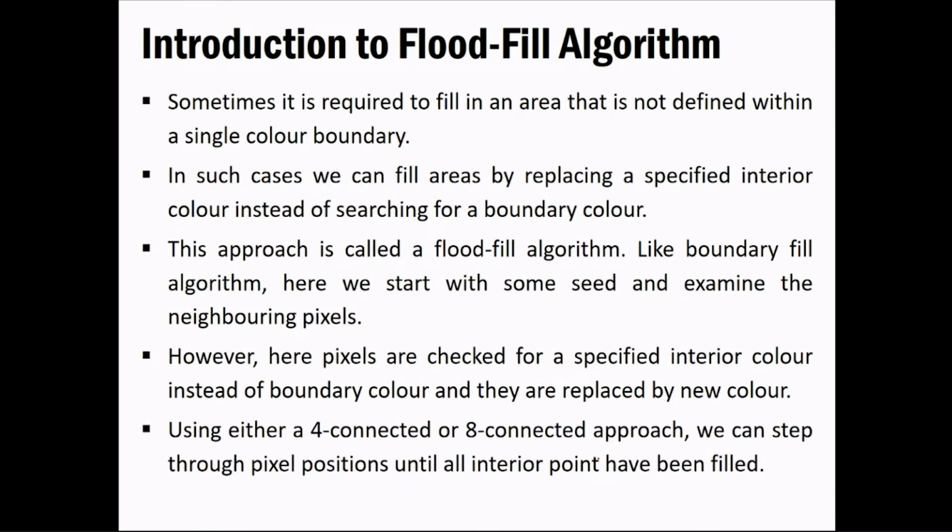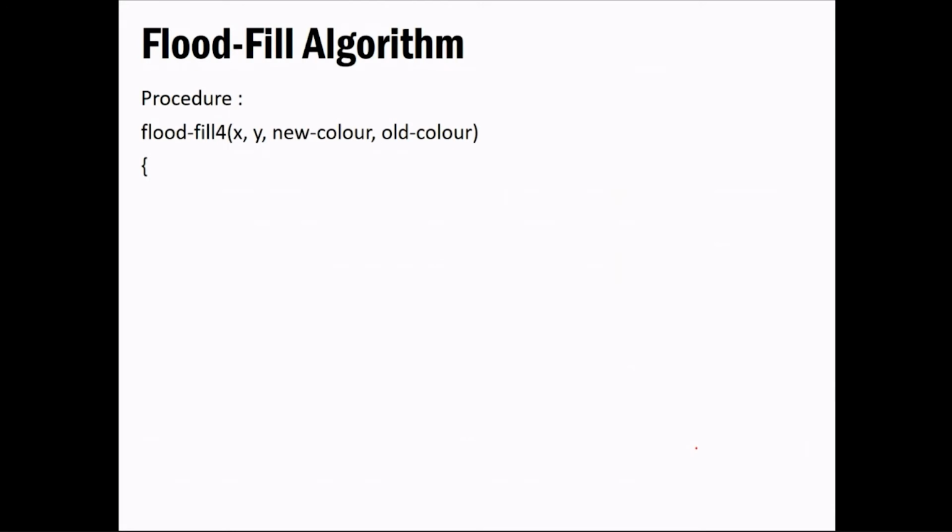So use either a four-connected or an eight-connected approach, because you are working with pixels, so it cannot go random, and we can step through pixel positions until all the interior points have been filled. So we now have two things: instead of the background color or the boundary color, what you have to do is check for the old color.